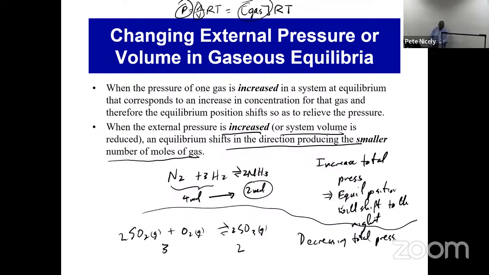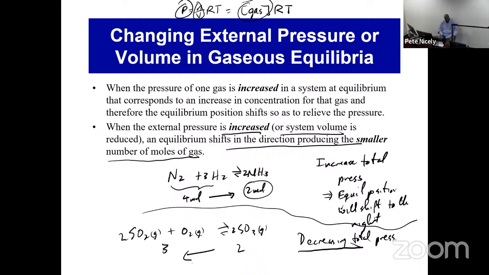Okay, so which direction will the reaction shift? The change that you are imposing is that you are decreasing the total pressure. So the system will respond by doing the opposite, by shifting to the left, producing more molecules of gas.